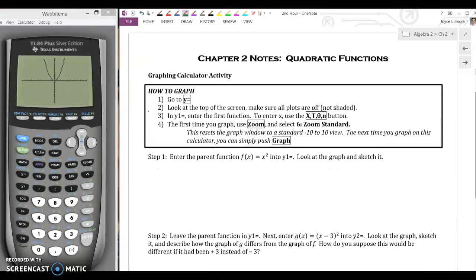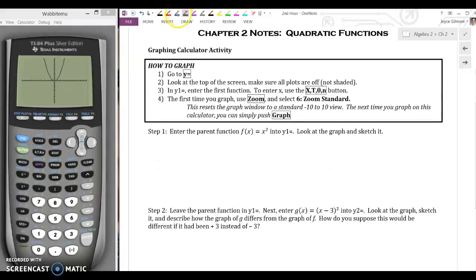All right. We need to sketch that graph. We are going to compare everything else to this graph today. So notice it is a nice smooth U shape. I'm going to try to actually get this sketched nicely.